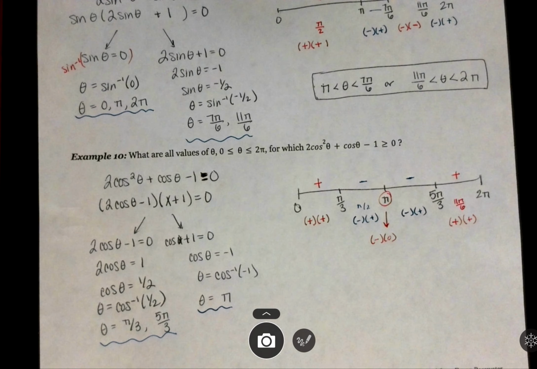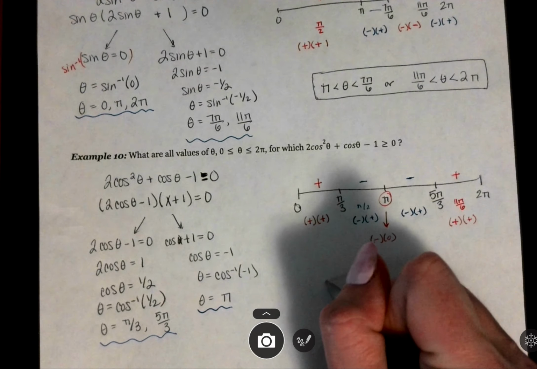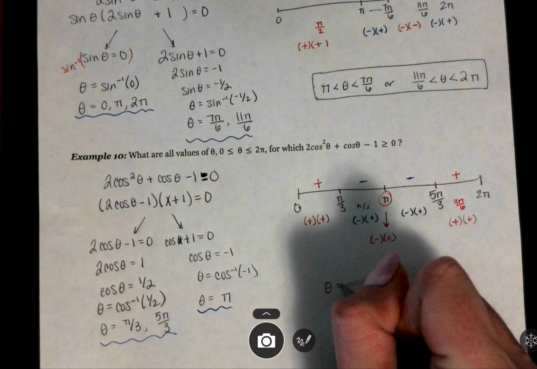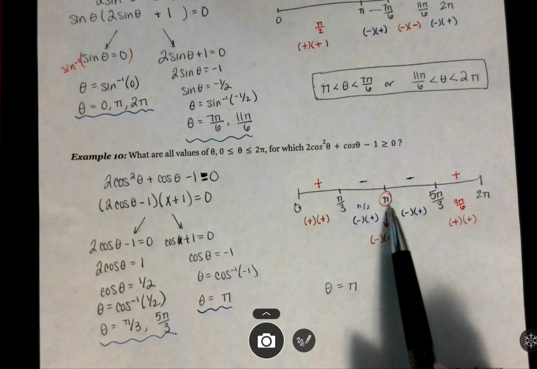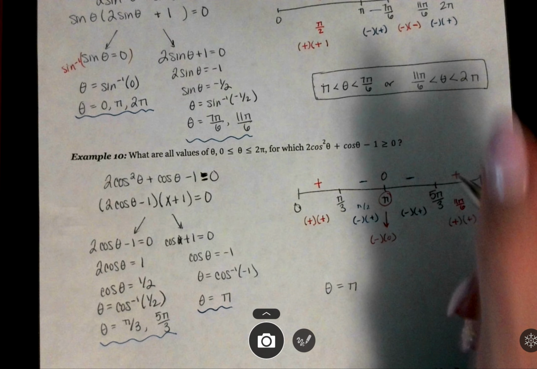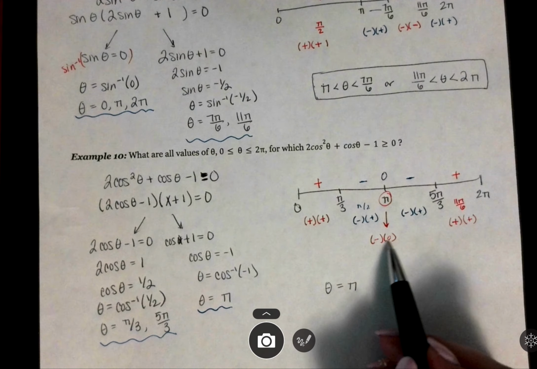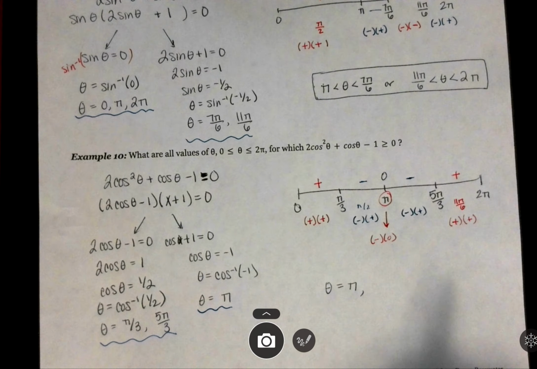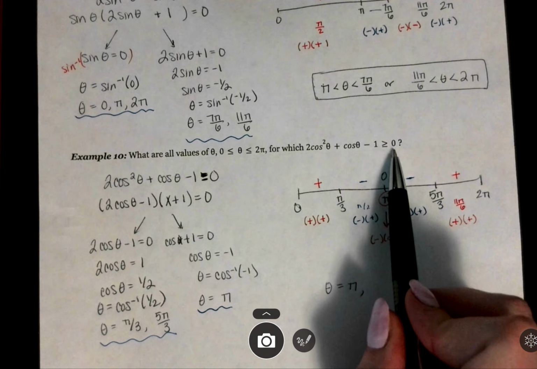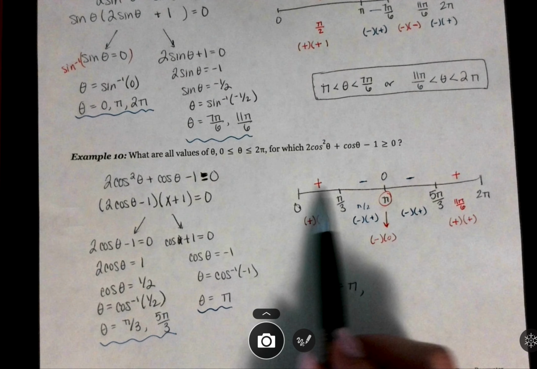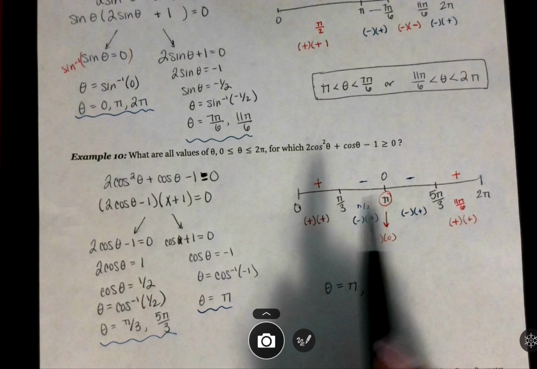So for my final answer, I want to say that theta can equal pi because at pi it is actually equal to 0, because anything times 0 is 0. I also want to include the intervals where it is greater than 0. So this interval was positive, so from 0 to pi over 3.